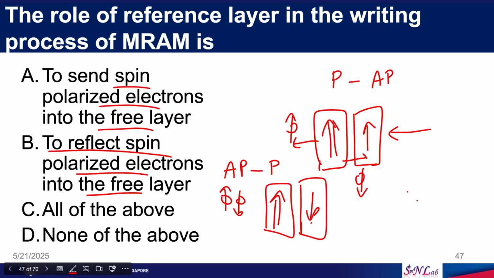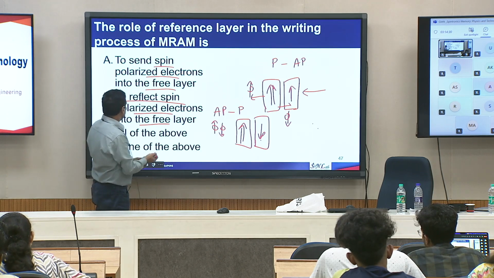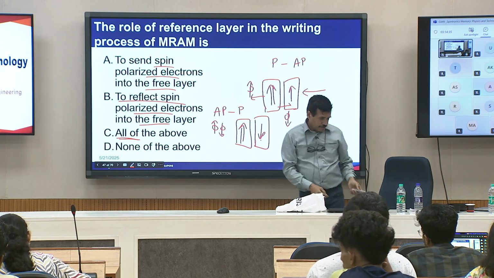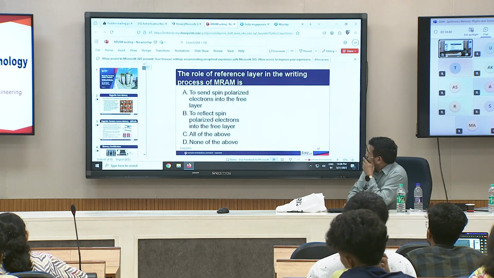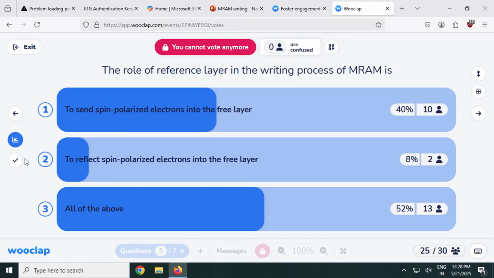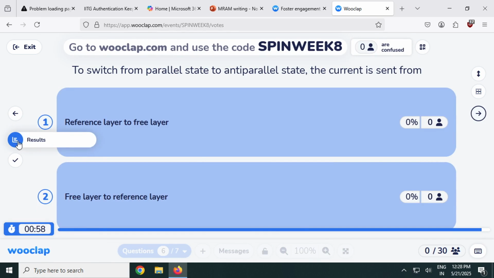In one case you are sending spin polarized electrons into the free layer, in the other case you are reflecting spin polarized electrons into the free layer. So, C is the correct answer. All of the above is the correct answer. It is doing both. Next one.